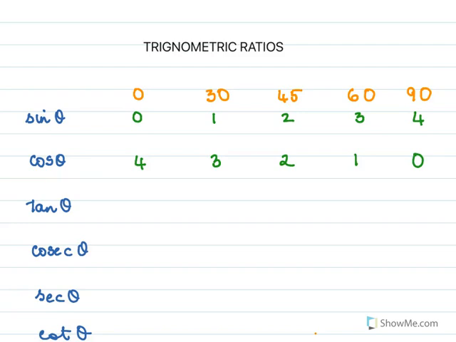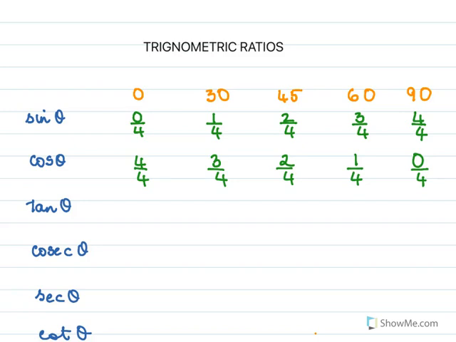Then you divide each of these by 4, so you do over 4 for each of them. You could write this table in the beginning before the exam and keep it on your paper.